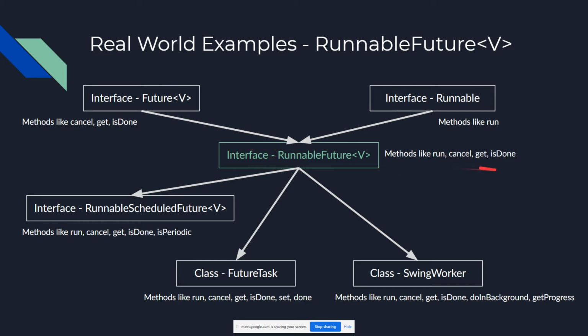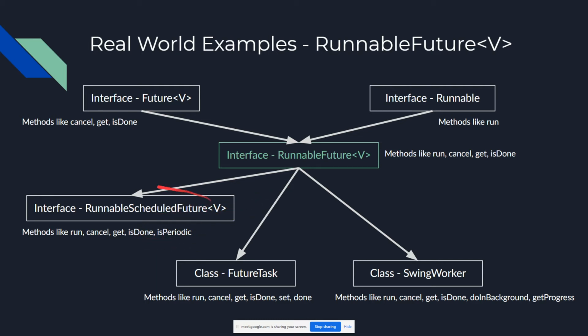So that's kind of our baseline. And from there, we can have more interfaces if we wanted. For example, this is a runnable future. We can have a runnable scheduled future, which, again, like normal inheritance, has all of the things that a runnable future has, but it also has its own stuff in addition to it, like is periodic, like a schedule. You can have recurring events on a schedule, right?